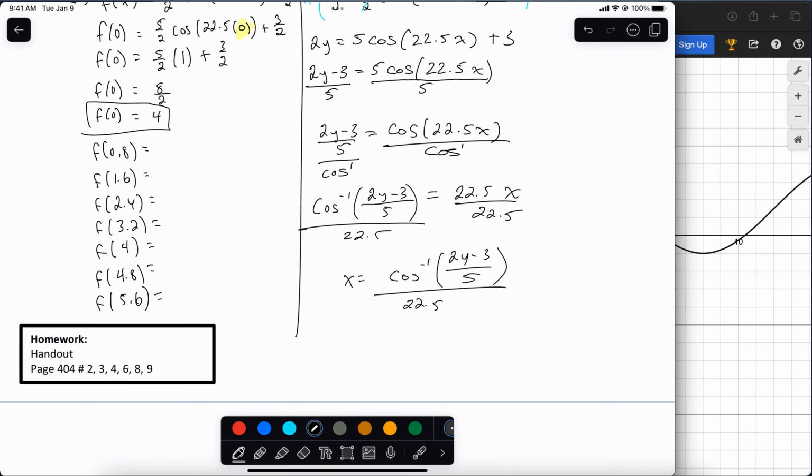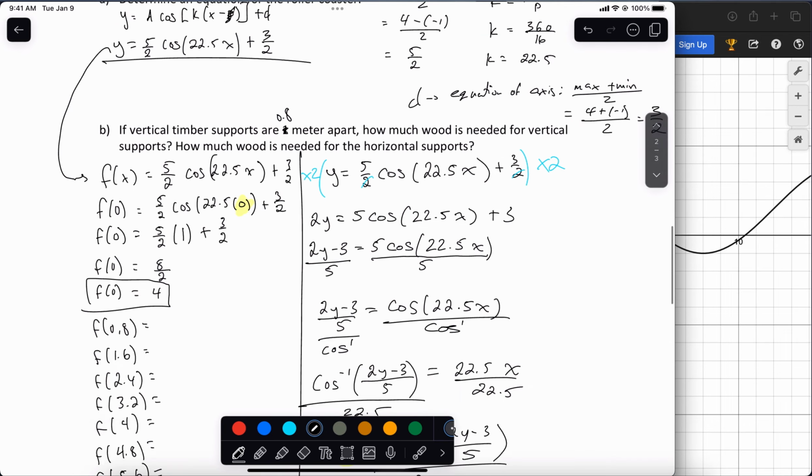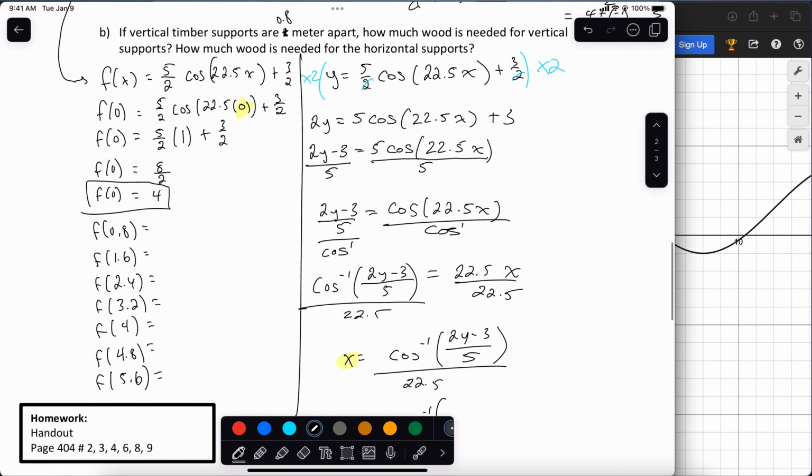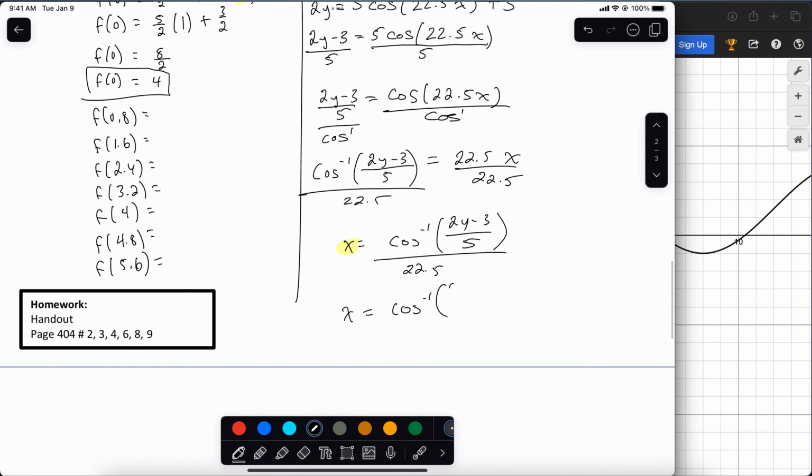Okay, so if I were to solve for the horizontal supports, or how much wood would be needed, x is going to equal the cos inverse of 2y. Well, the first horizontal support is going to occur at 0.8 meters, so I'm going to go 2 times 0.8 minus 3 over 5, and then divide all that by 22.5. Okay, that would give me the support for 0.8.